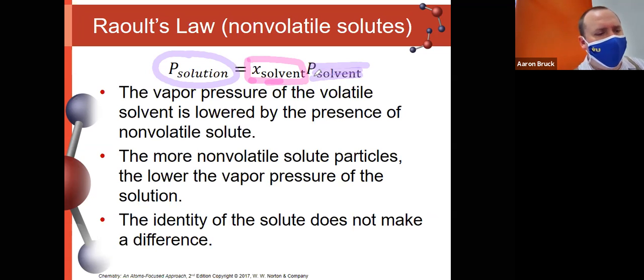But what's really important here, this relationship is completely independent of what the solute is. If it dissolves in the solvent, it's going to have an impact. The impact is going to be based on how it affects the concentration, not based on what intermolecular forces exist between the solute and the solvent.